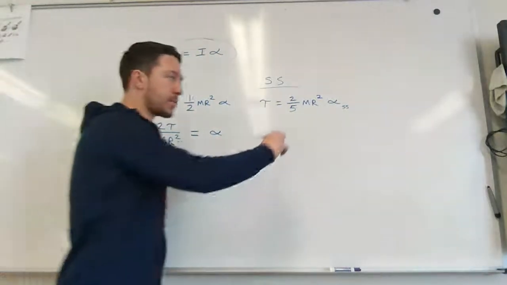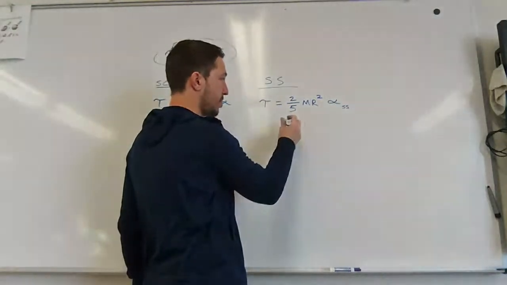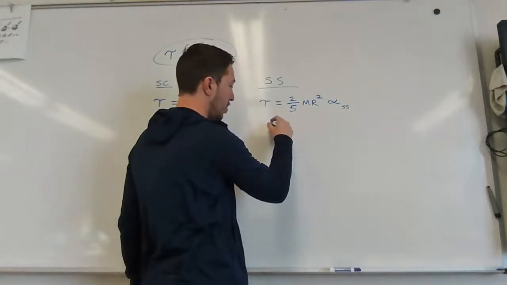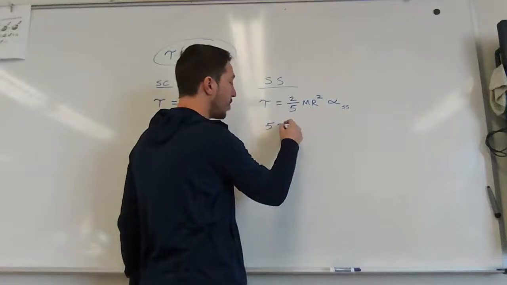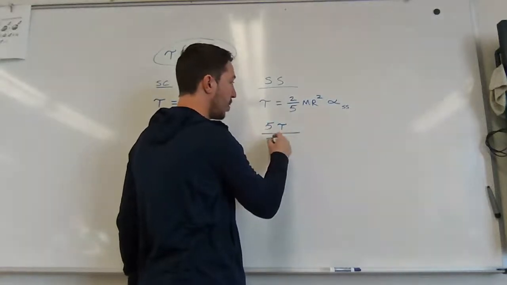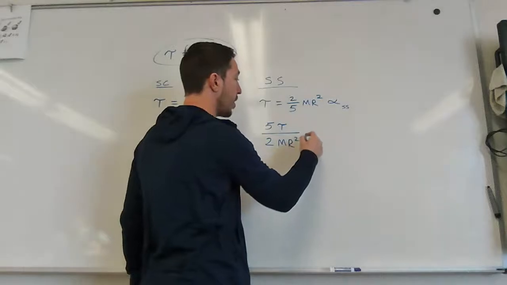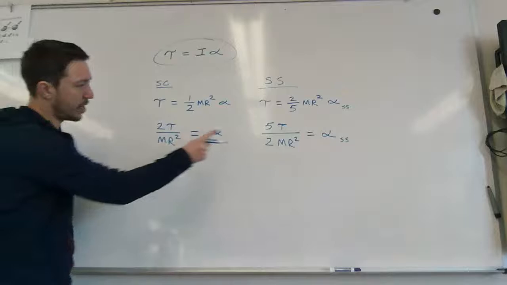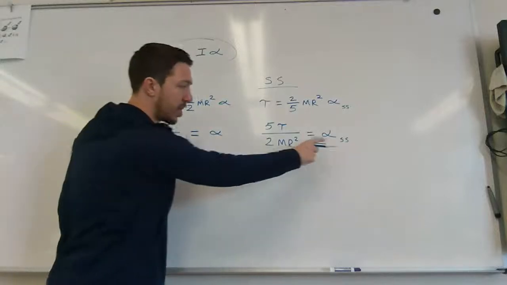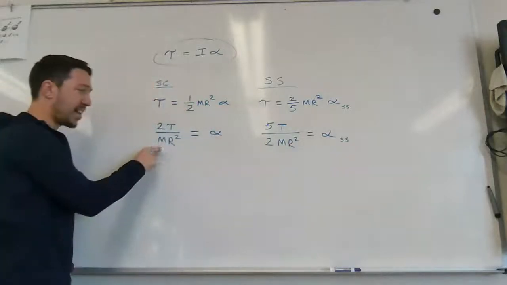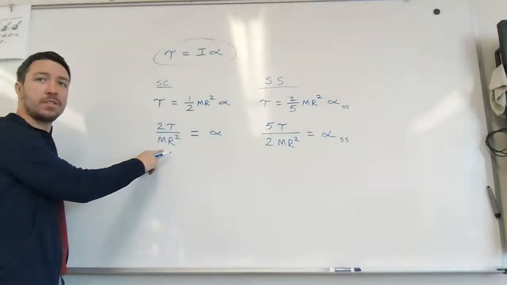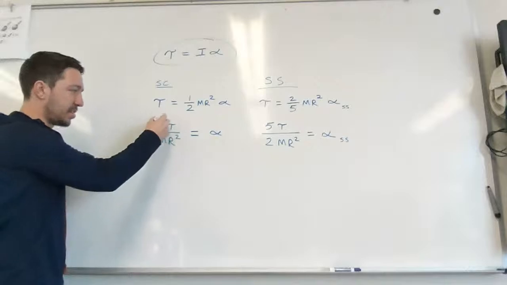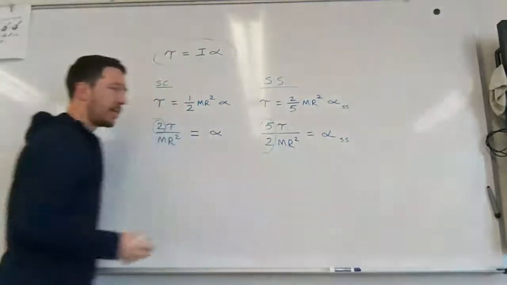So alpha is 5 tau over 2 m r squared. And so what you need to do here is go, wait a second. This expression for the solid sphere's alpha looks a lot like the expression for the hollow cylinder's alpha. There's just a difference of, instead of a 2, there's a 5/2.